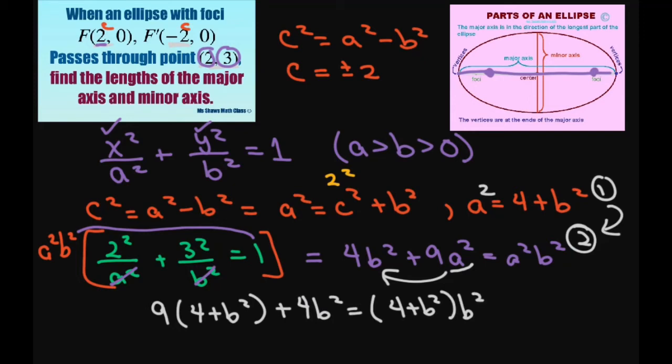Now simplifying all this, we're going to get b to the power of 4 minus 9b squared minus 36 equals 0. So basically I just took care of this side and moved everything over to the left hand side.